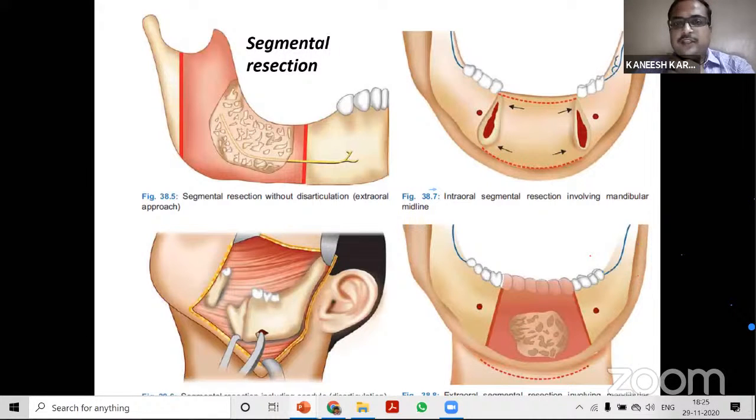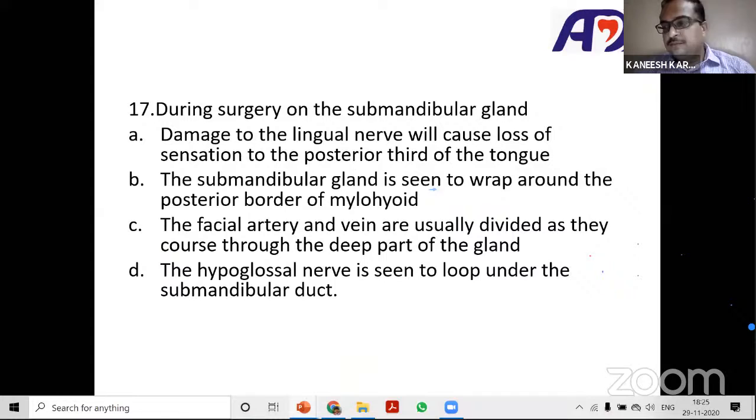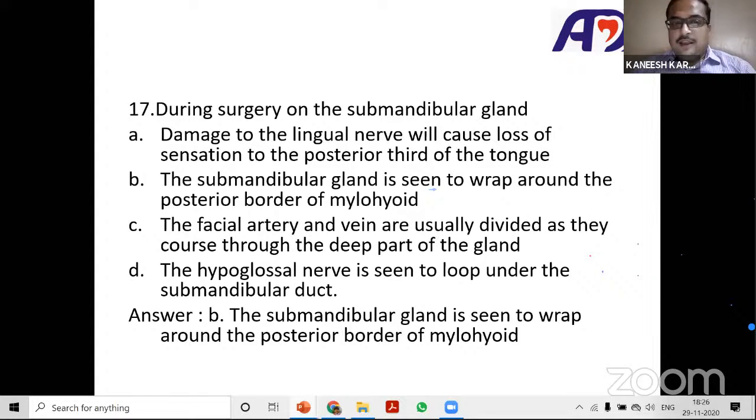During the surgery of the submandibular gland, okay, I can see multiple responses. The answer is B. Submandibular gland is seen to wrap around the posterior border of the mylohyoid.